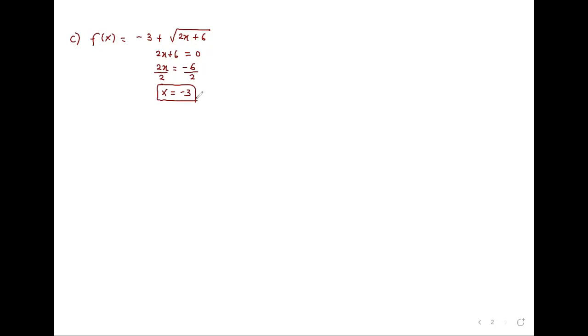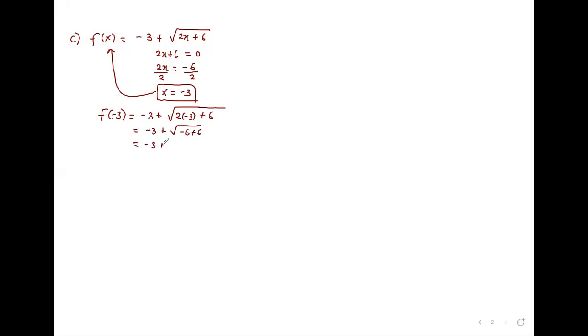This number is very, very important. It must go in the function. f of -3 will be -3 plus the root of 2 times -3 plus 6, which is -3 plus the root of -6 plus 6.